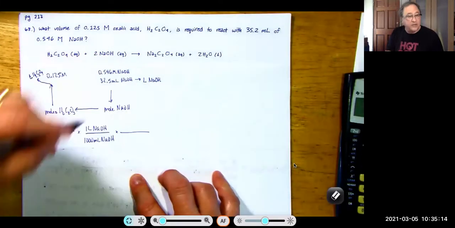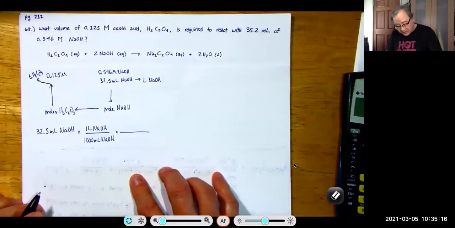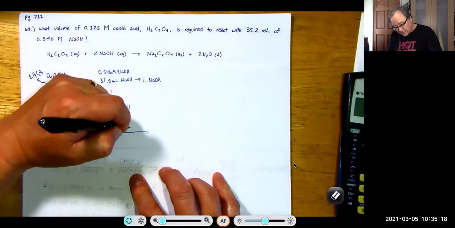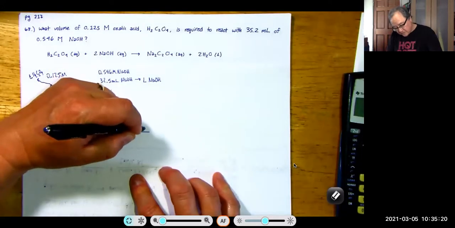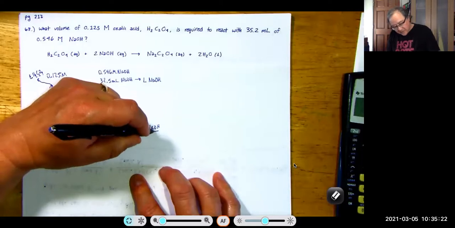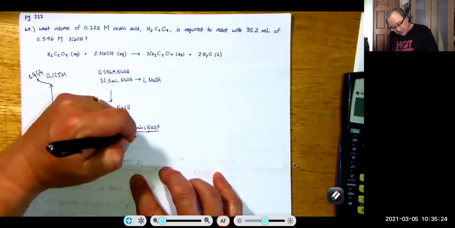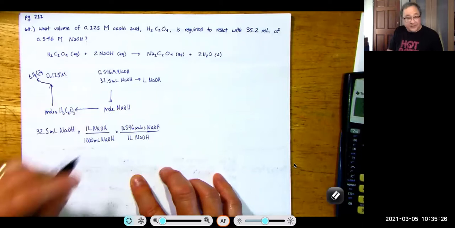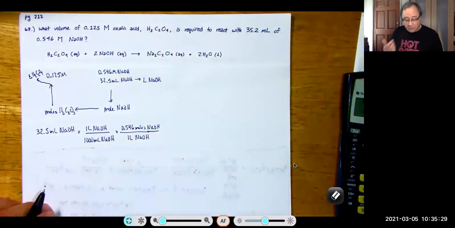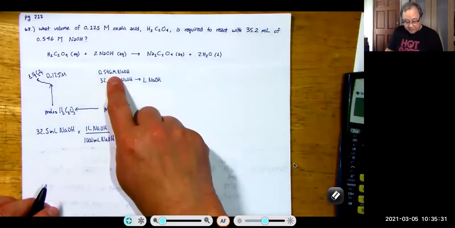So I'm going to put the 0.546 moles on top, and the 1 liter of sodium hydroxide on the bottom. Now notice that says moles.